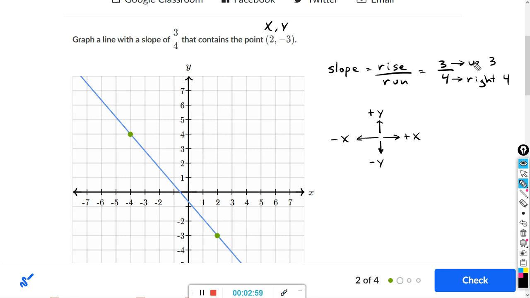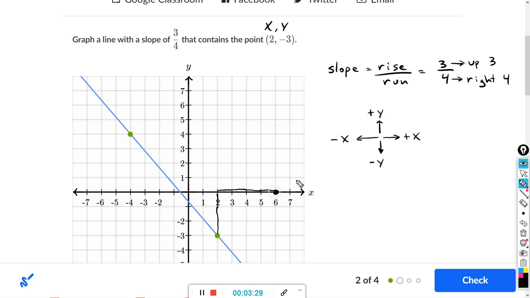Okay, since up is positive y and right is positive x, we're going up 3, right 4. So take the point that we started with. Okay, we're going to go up 3: 1, 2, 3. And then we're going to go right 4: 1, 2, 3, 4.